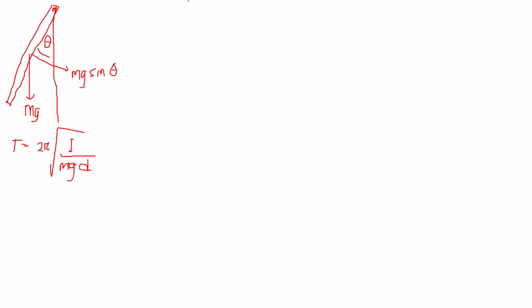But since we're looking in the context of rotational dynamics, assume this is d, the length from the rotation point to the point of mass. We'll get a negative because it's acting as a recovery force, going the opposite way. Anyway, mg sine theta multiplied by d is equal to the moment of inertia multiplied by alpha.